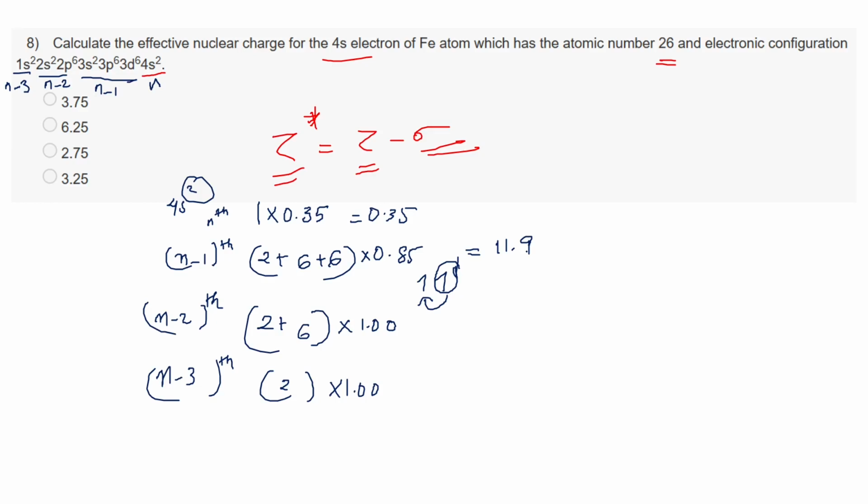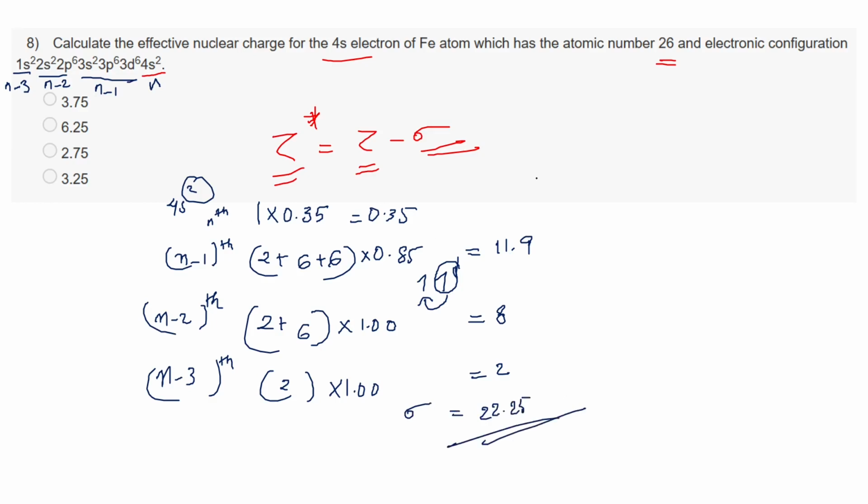Then there is 8 here, so 8 into 1 is 8. This is 2. So if we add up 0.35 plus 11.9 plus 8 plus 2, it comes around, so the sigma is 22.25.